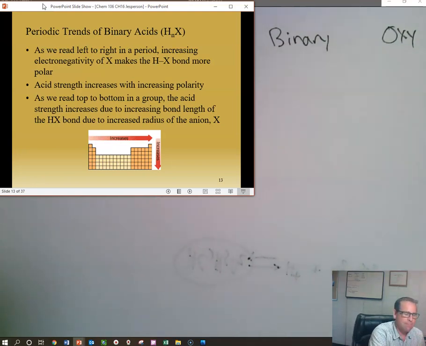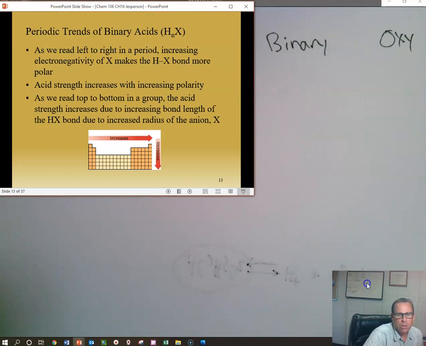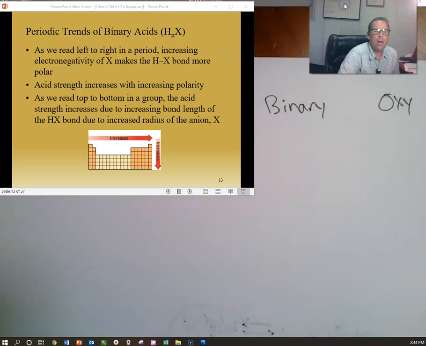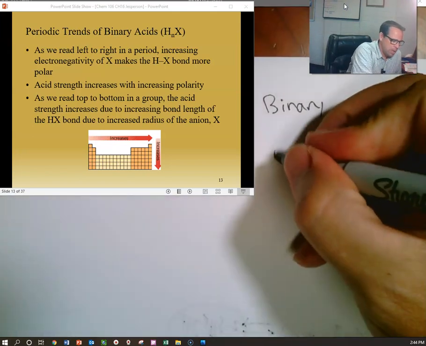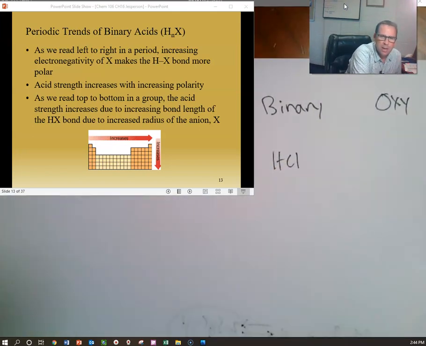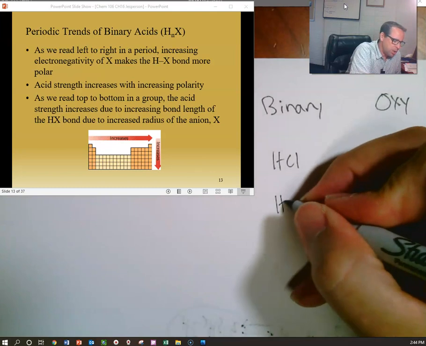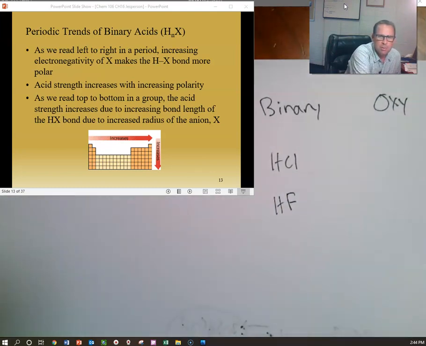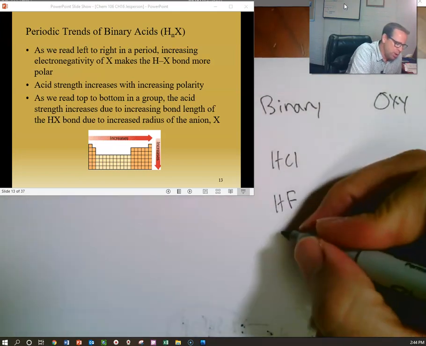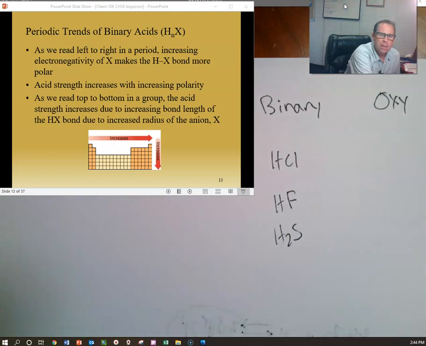So binary means two, just two elements in this acid. Okay? Only two elements in this acid. Now, HCl, that's an example of a binary acid, right? HF is an example of a binary acid. What else is there? H2S, right?